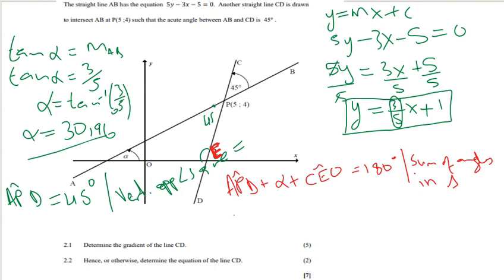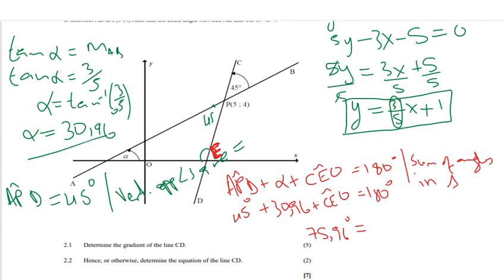So this is 45 degrees plus 30.96 plus CEO equals 180 degrees. Now punching your calculator, 45 plus 30.96 is equal to 75.96 degrees.